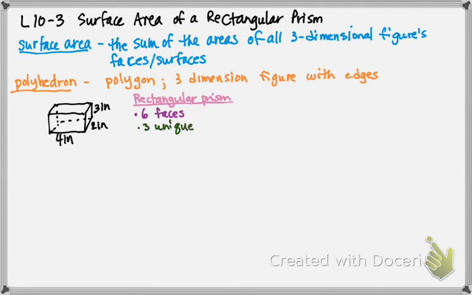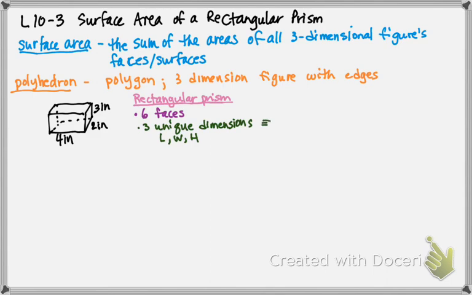Now, what's interesting, and we talked about this before, is that there's going to be 3 unique, it could be less, dimensions. And by unique, I'm talking about length, width, height of the prism. Because I only have 3 numbers, there's only 3 ways to organize those numbers together.